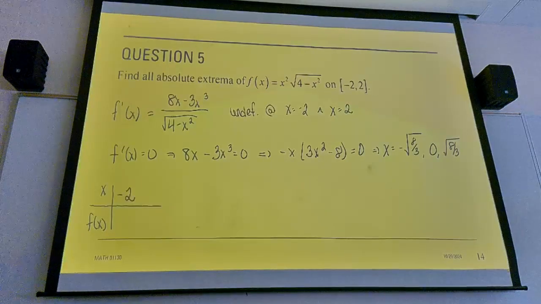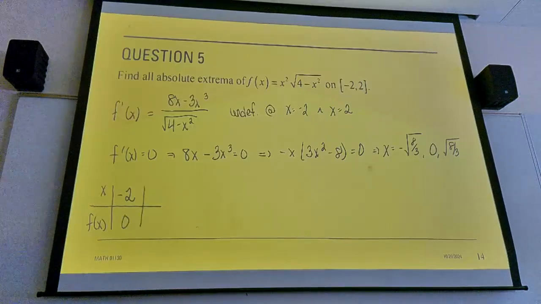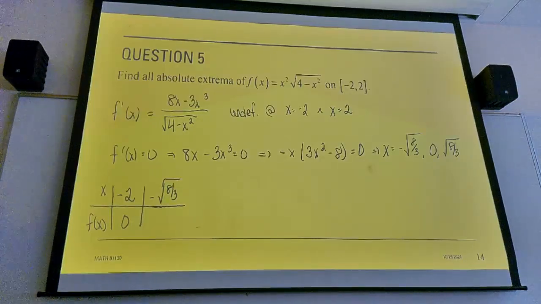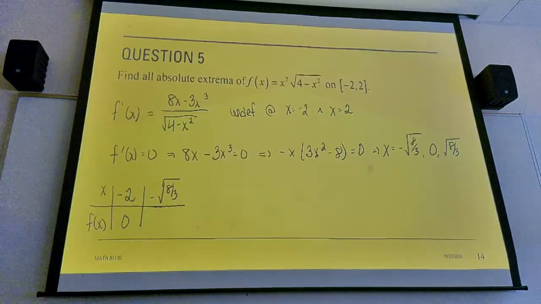Start with -2. What is f of -2? 0. What about negative root 8/3? I have an approximation. I don't want approximation.